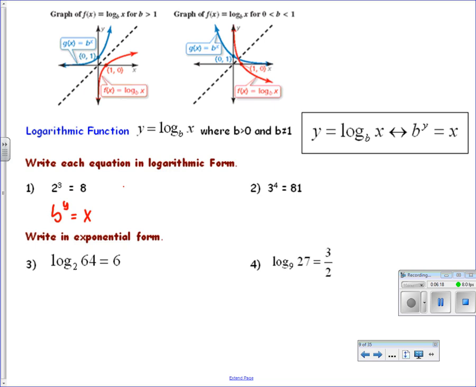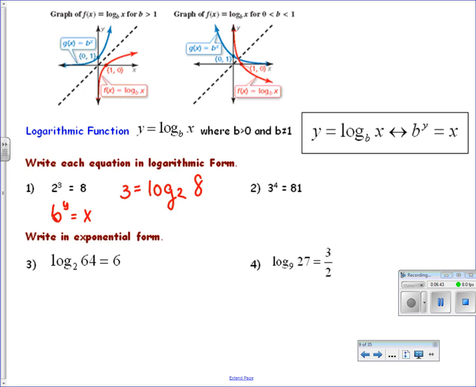So I write 3 equals log, then I need my base. What number's in the b position? 2. That's my little 2. And for the x, that is the answer to this equation, so the number in the x spot is 8.